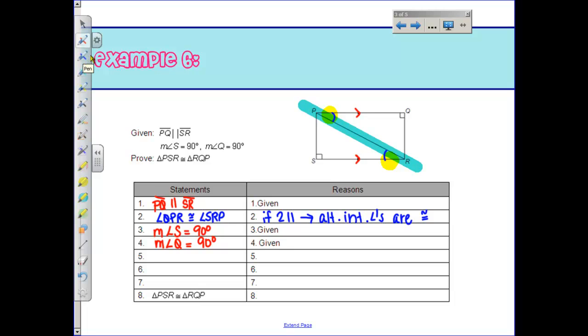And because you're brilliant, what might you tell me? That they're equal. Very good. So the measure of angle S is congruent to the measure of angle Q.